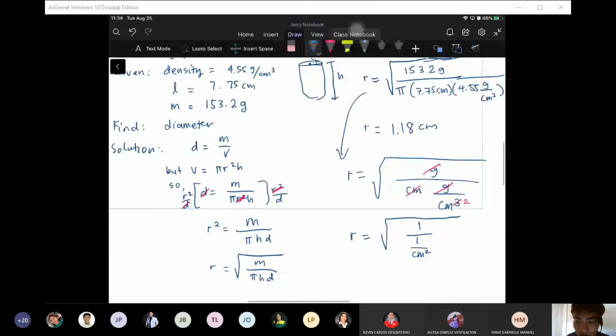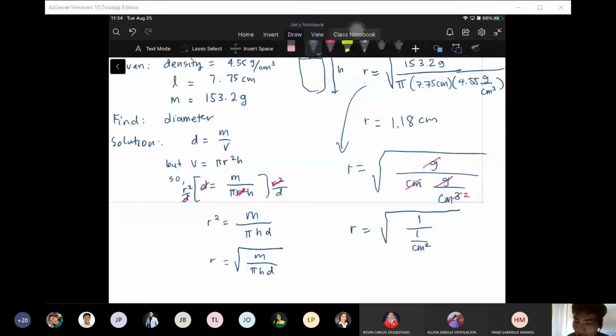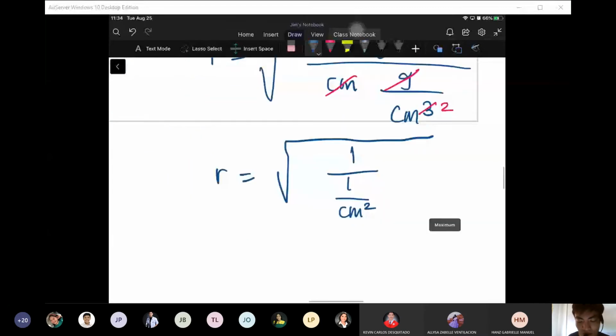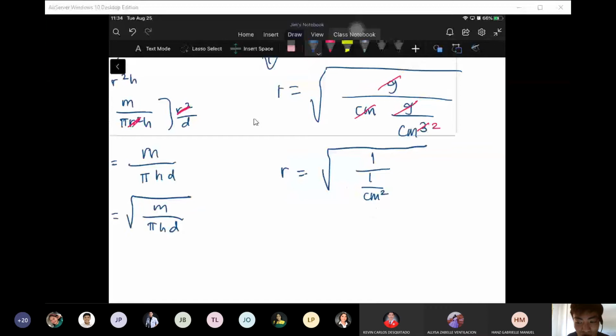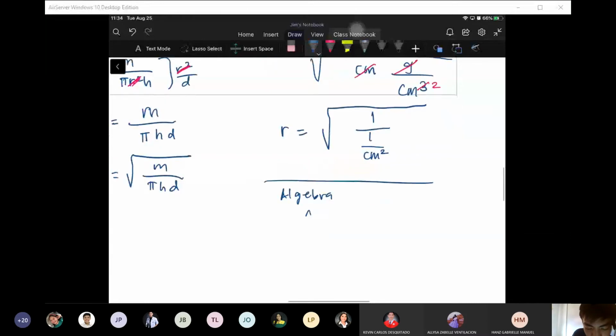So, in order to resolve this equation, if you have a fraction below a fraction, we can rewrite this in algebra. If you have a over b over c, if you have a fraction b over c below a, you can rewrite this as a times the reciprocal of the denominator.